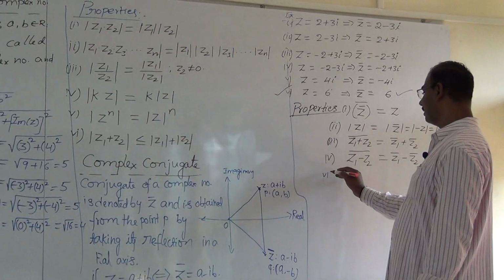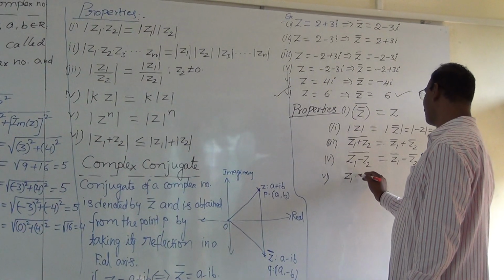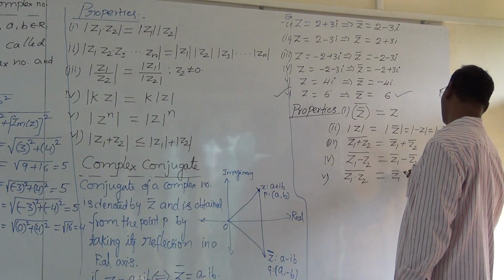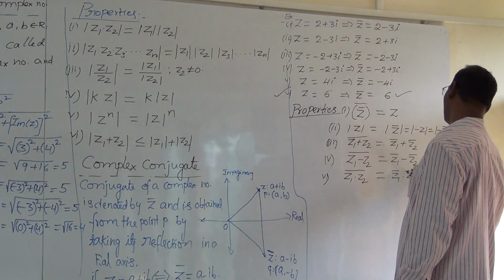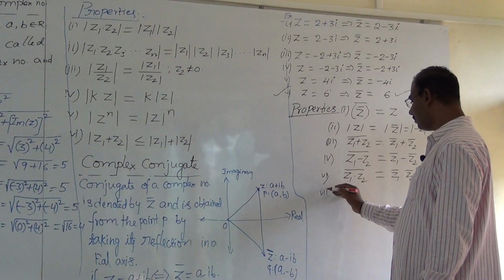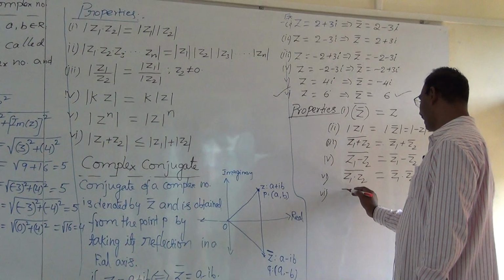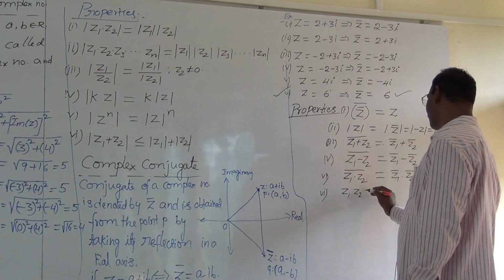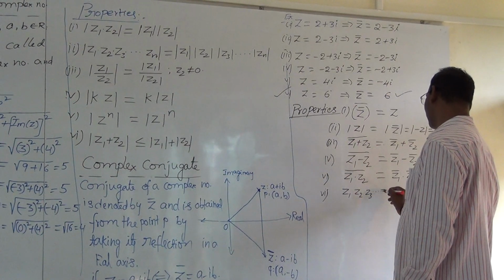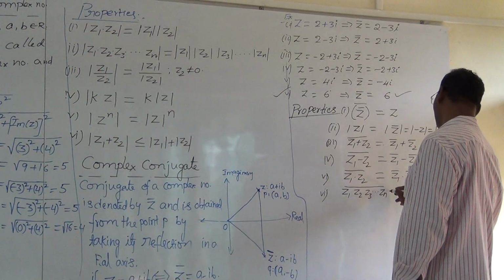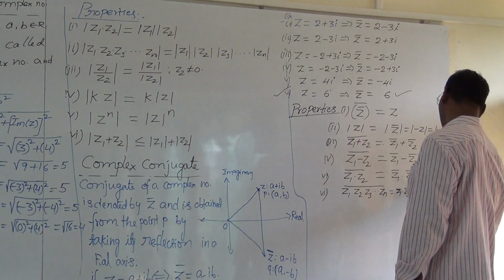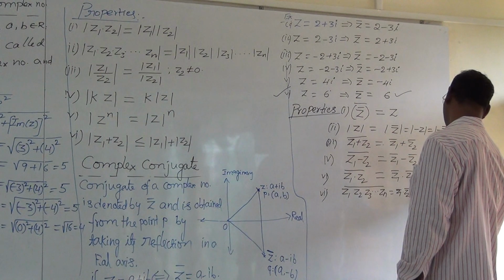If I take Z1 into Z2 whole bar, this can also be written as Z1 bar into Z2 bar. The product is also the same. If I take a number of terms, Z1, Z2, Z3, and so on up to Zn, whole bar, it is equal to Z1 bar into Z2 bar into Z3 bar, and so on, Zn bar.